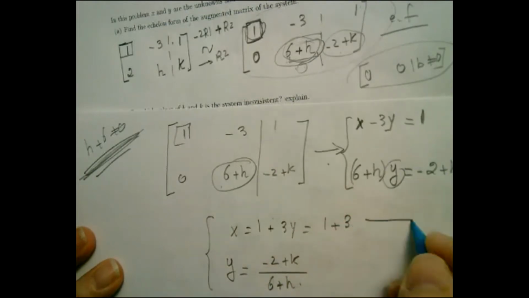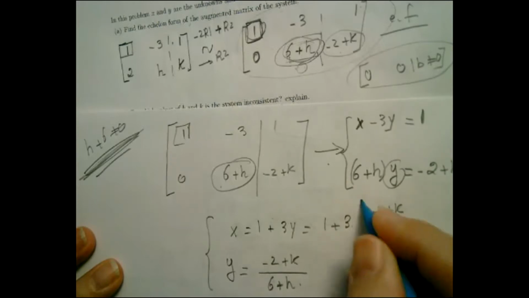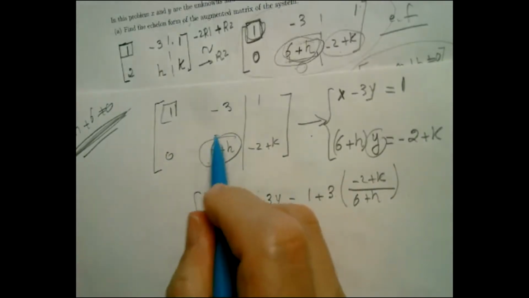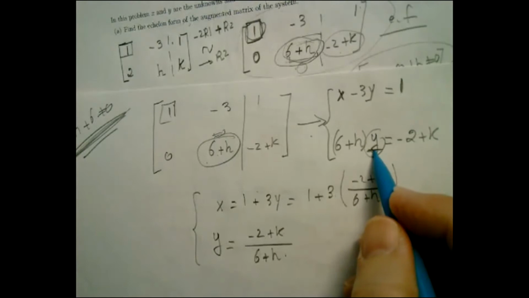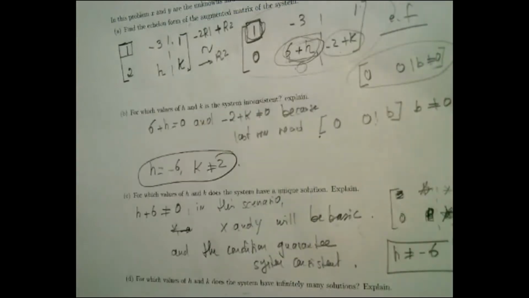It means it is equal to that. And the rest is simple math that you should be able to do. So the solution is unique because that's not 0. I was able to solve it. And when I backed up, I was able to solve for X. Absolutely unique solution.